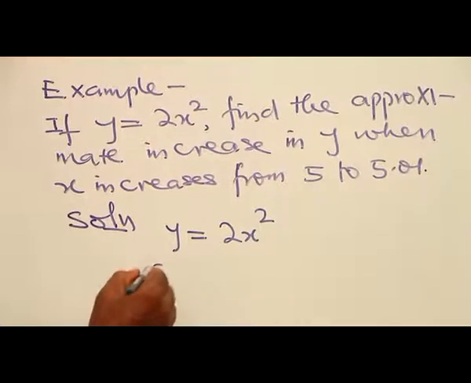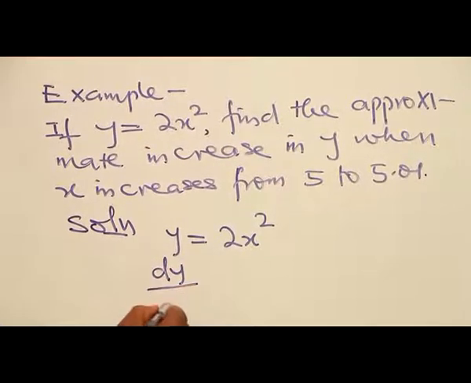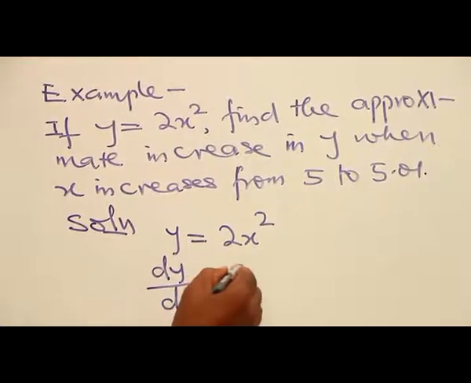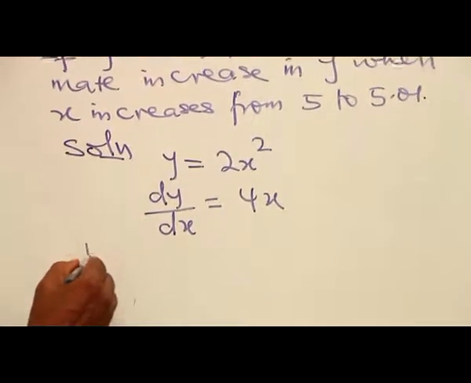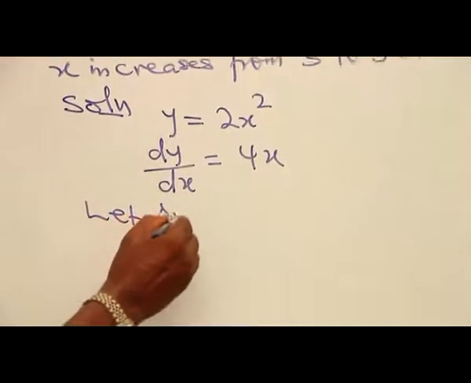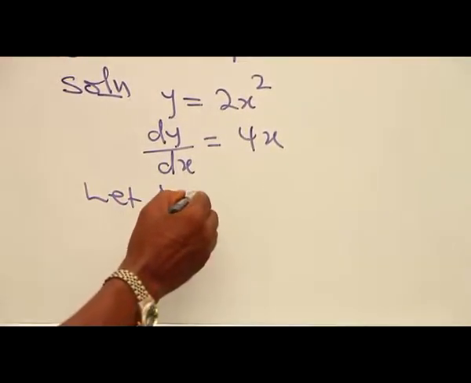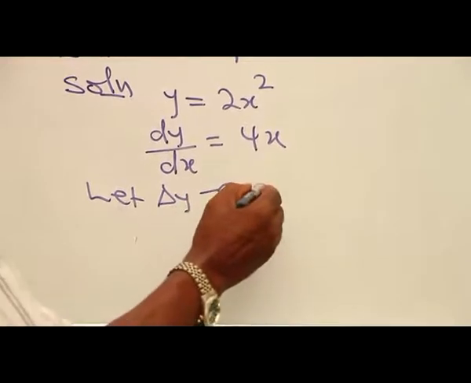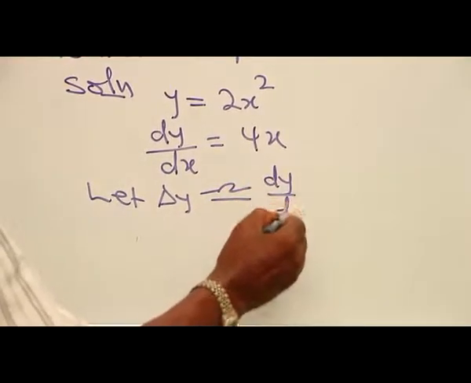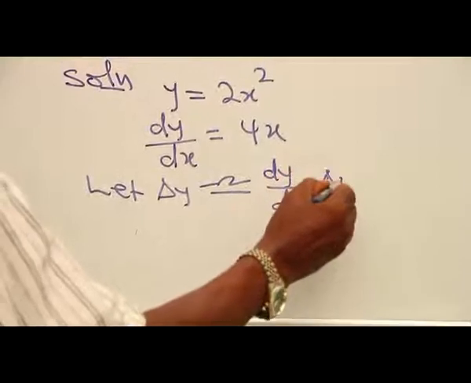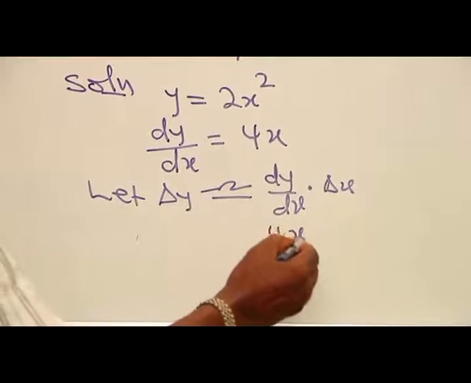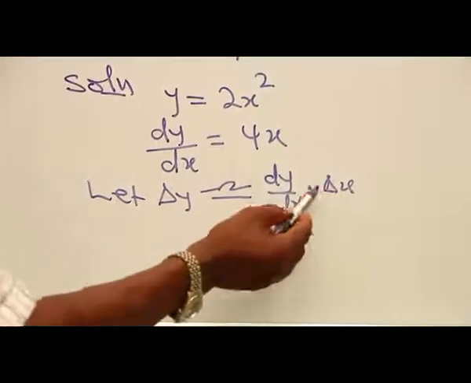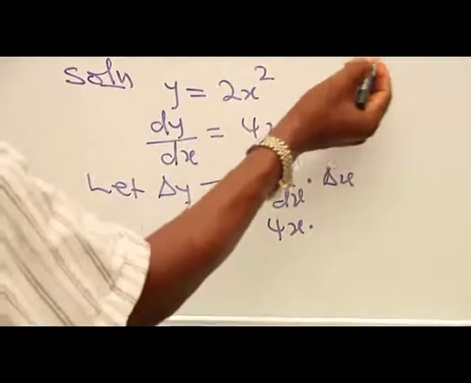So first and foremost, let us differentiate y with respect to s to give us 4s. Then of course, the next thing is to let your delta y be the small change, and this is approximately equal to your dy all over ds multiplied by delta s.